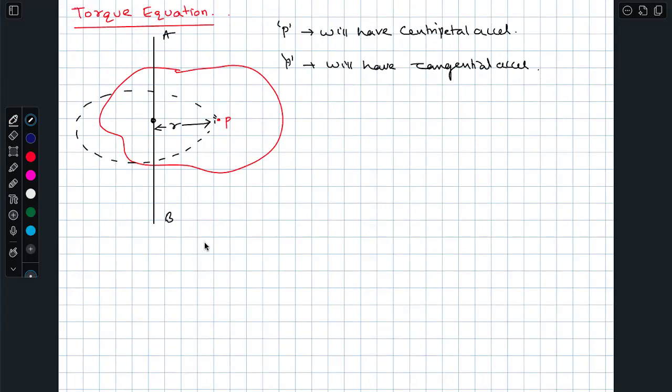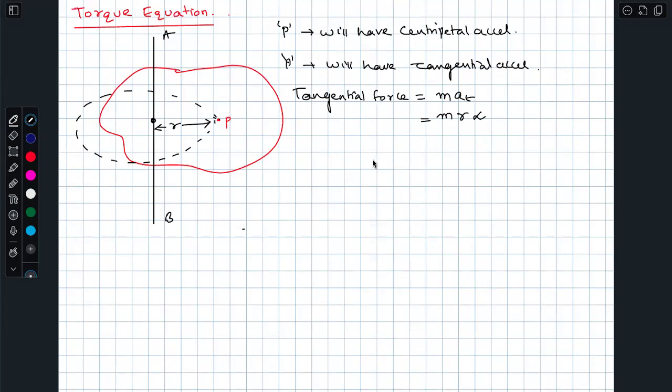Omega is changing, alpha exists. Now, if you ask me the tangential force in this case, I will write m a_t, which is nothing but m r alpha. That is the tangential force.